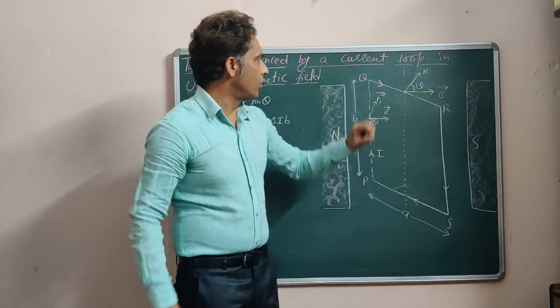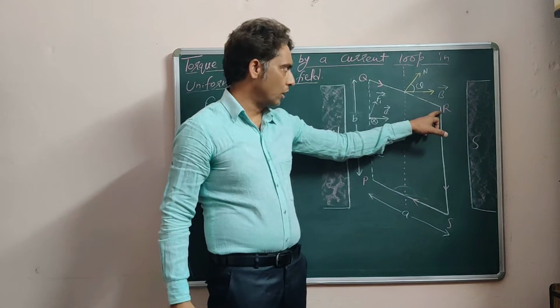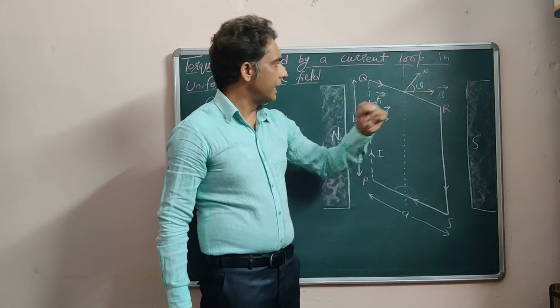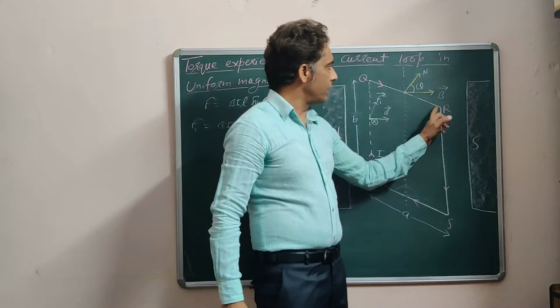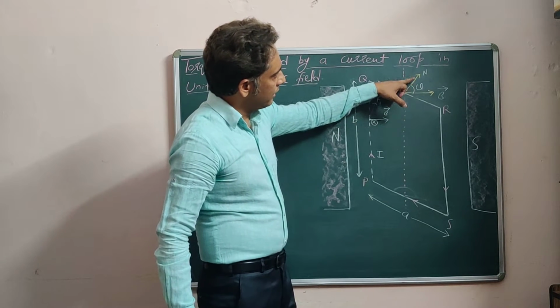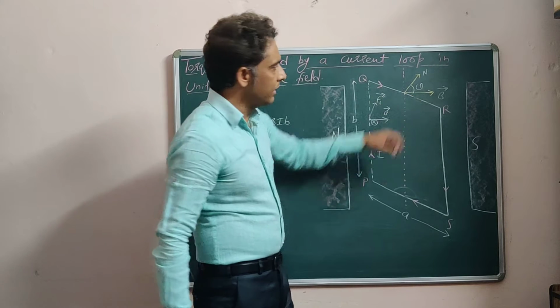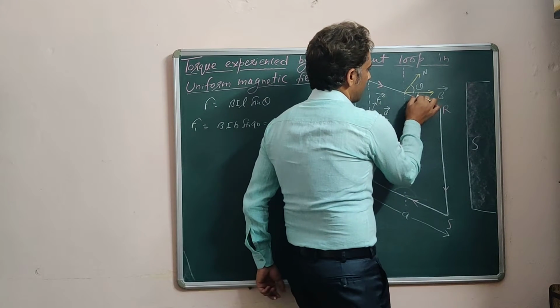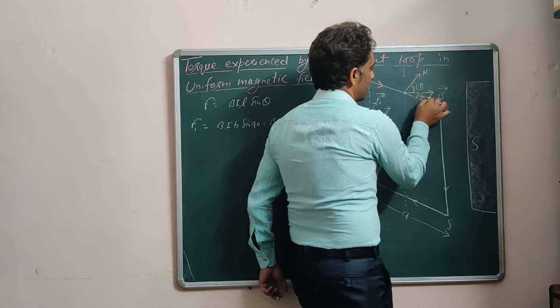Now the force on this portion QR. First we have to see the angle between direction of current and magnetic field. Here this angle is theta, and this total angle is 90 degrees, so this angle should be 90 minus theta.